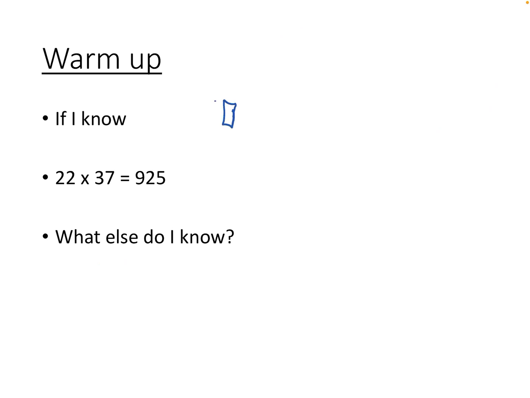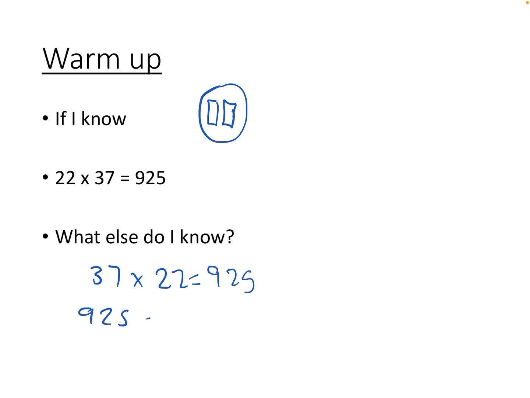Pause the video. So you know that 37 times 22 equals 925. We know that 925 divided by 37 equals 22.